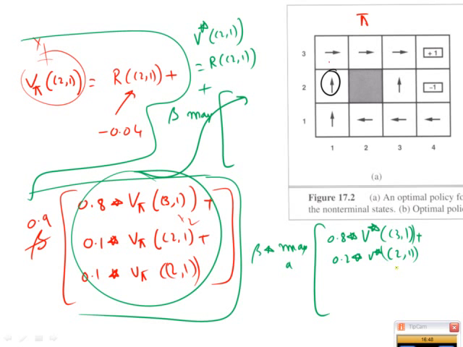Right? That's the first part. And then similarly, you need to write one for down, one for left, one for right. That's how these equations look. And when you're doing value update, you never actually write the equations yourself. You're just playing with the numbers directly. Okay?